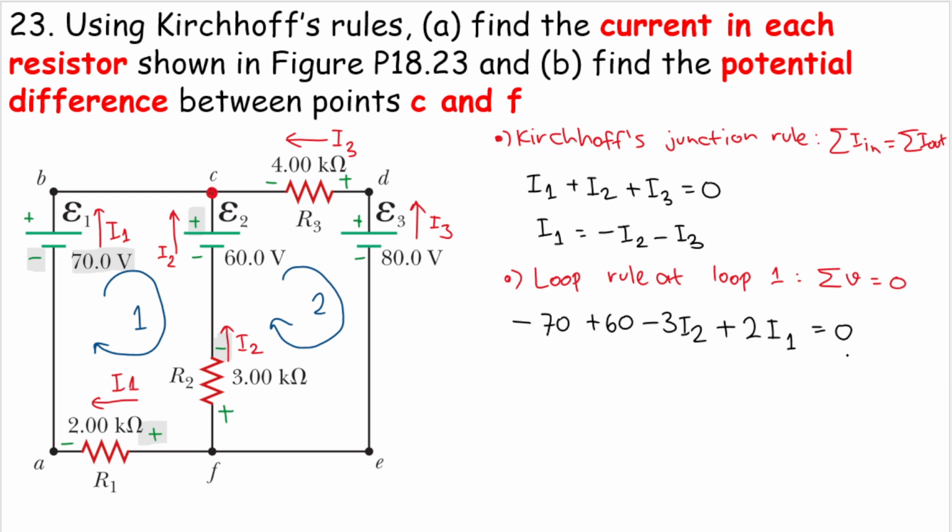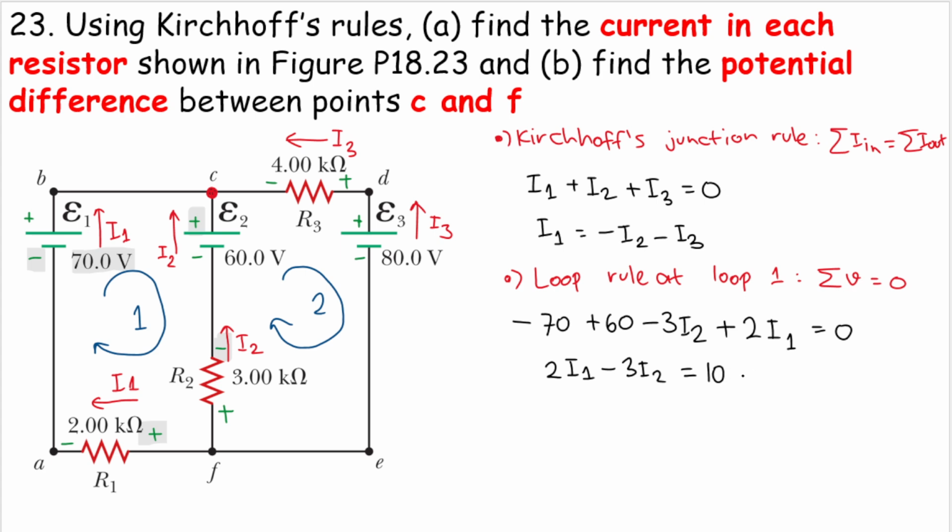Good. What else can we have here? I think nothing. So let's just write this one: 2I1, and then minus 3I2, and then we'll have minus 70 plus 60, that will be minus 10, and that will equal 10 here.